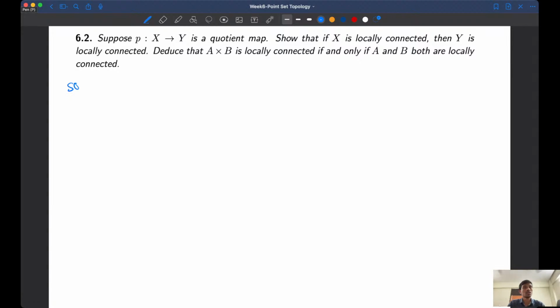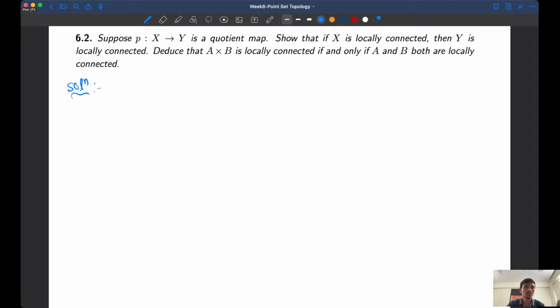Next, suppose we are given that P is a quotient map, and if X is locally connected, then Y is also locally connected. So basically Y is just P of X, because the quotient map is onto, so P of X is the whole of Y. So a quotient map preserves local connectivity, right?